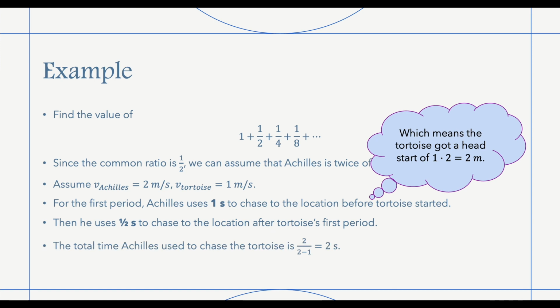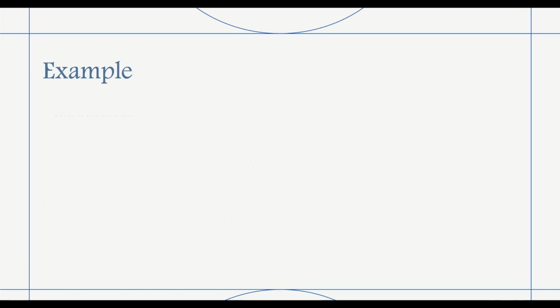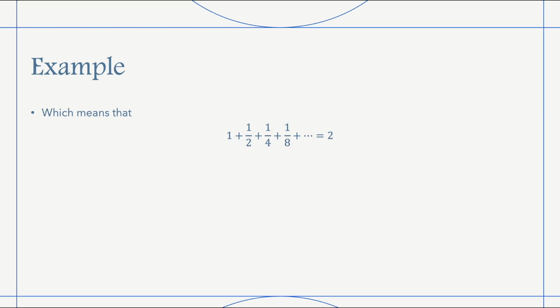The total time he uses to catch the tortoise is 2 divided by 2 minus 1, because every second that passes, he gains 1 meter. That is 2 divided by 1, which is 2. So we can conclude, after all, that 1 plus 1/2 plus 1/4 plus 1/8 and so on is equal to 2.